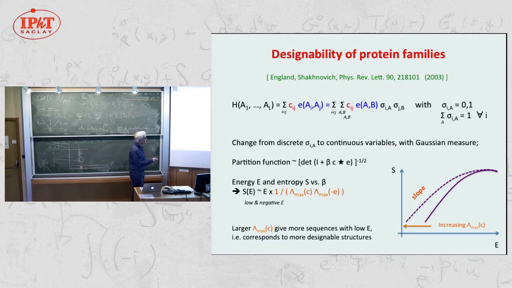Well, it's normalized, but anyway, they have some Lagrange multiplier for this kind of constraint. And then they have to diagonalize this matrix here, which is just the product of C in the site space and E in the amino acid space. Okay.